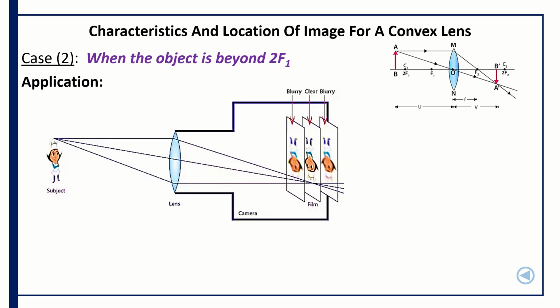So we can adjust the lens so that we get the object beyond 2F1, and we get a real, inverted image of it which is diminished in size. If we are accommodating a large object, we have to keep the object at a point beyond twice the focal length of that lens. We get the real, diminished, inverted image, right?